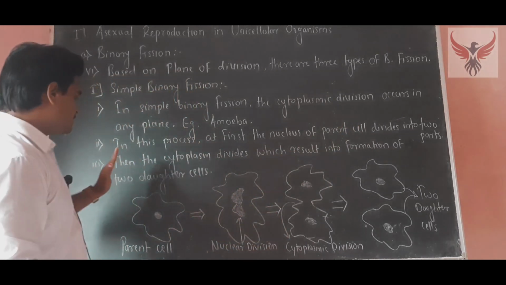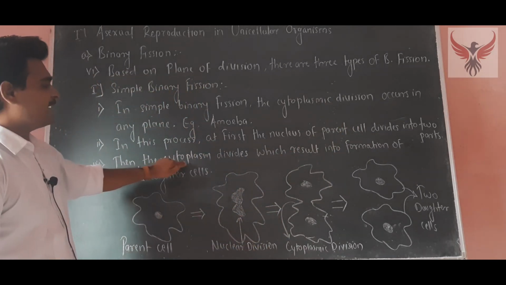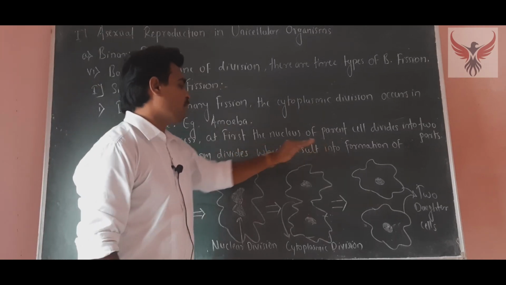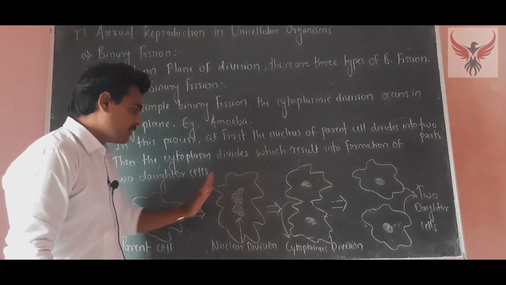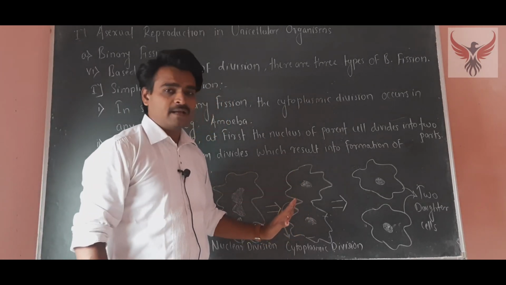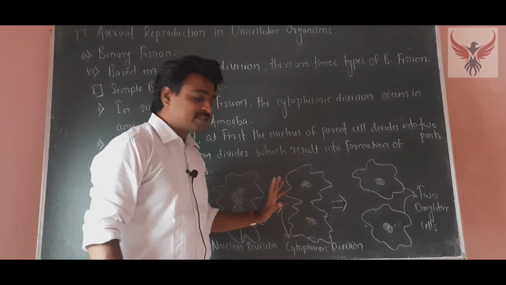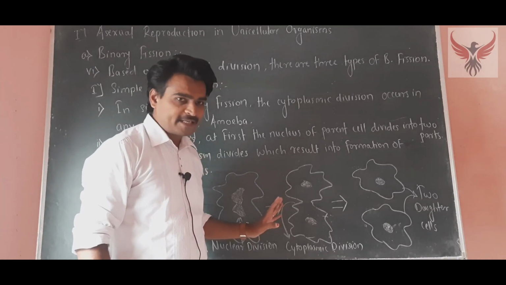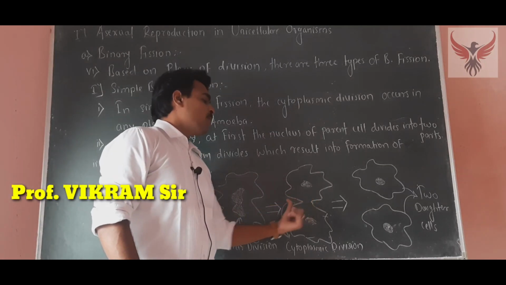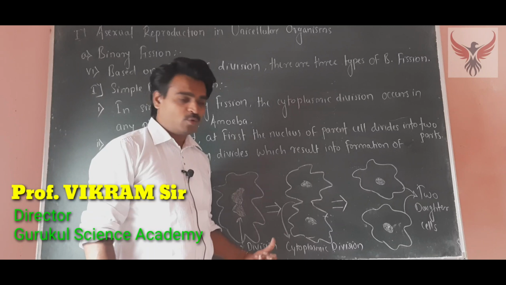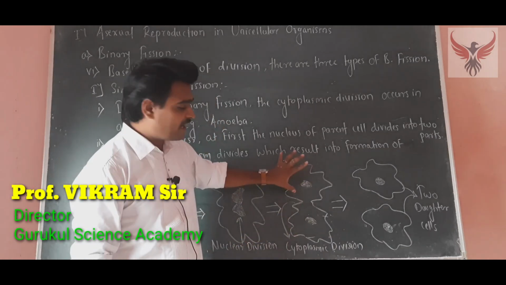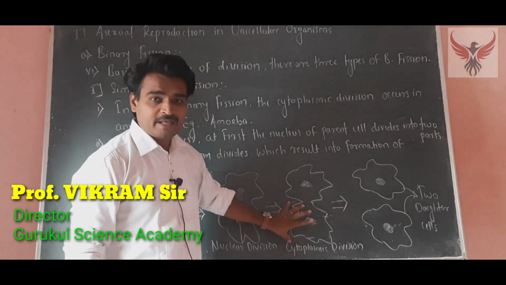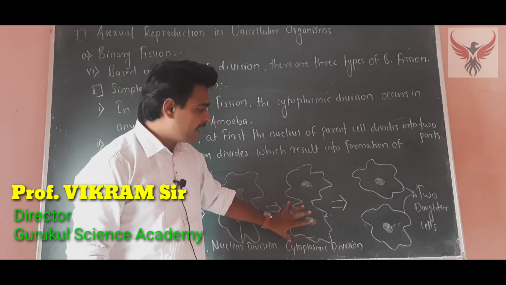The third point is that then the cytoplasm divides, which results in the formation of two daughter cells. In the third diagram, the nucleus is completely separated into two parts. After that, the cytoplasmic division also starts, and we can see the first half and second half of the cytoplasm.